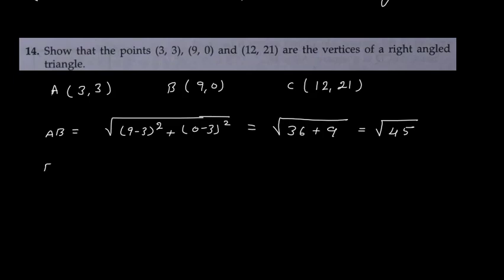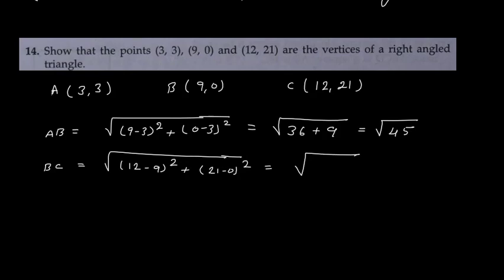Right? Then BC. BC is square root of (12 - 9) the whole square plus (21 - 0) the whole square. So 12 minus 9 is 3, 3 squared is 9, plus this 21 squared.